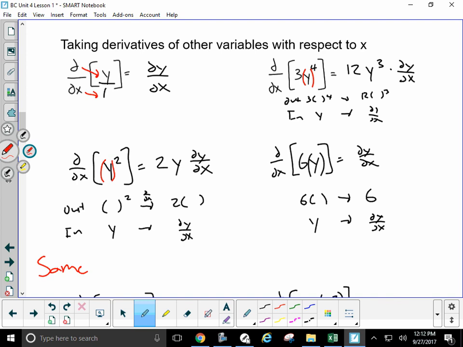Same as derivatives of x's times a dy dx on the end.